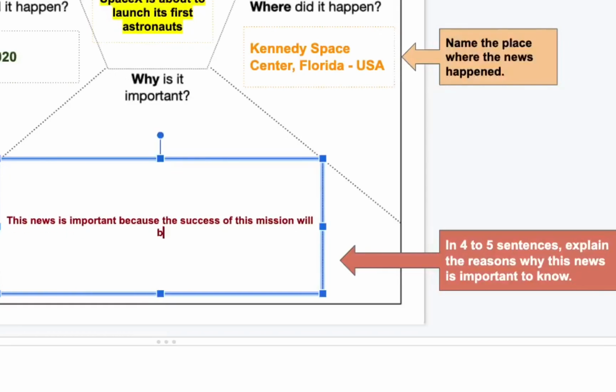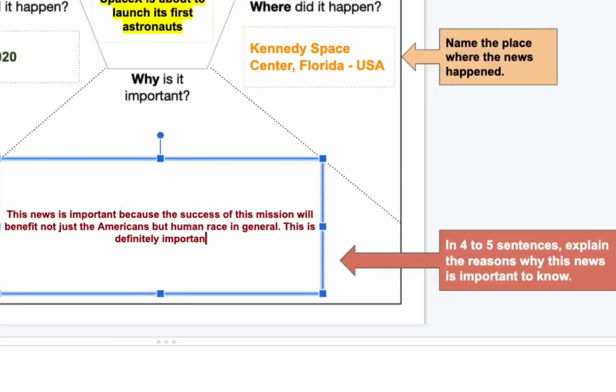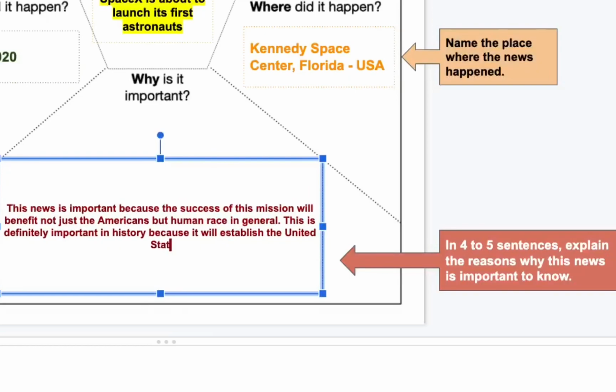This news is important because the success of this mission will benefit not just the Americans, but human race in general. This is definitely important in history because it will establish the United States as the world leader in space exploration.